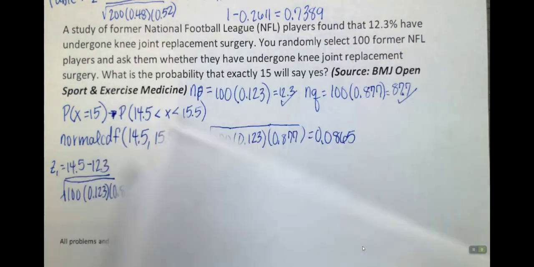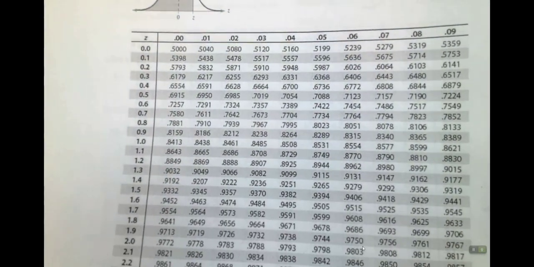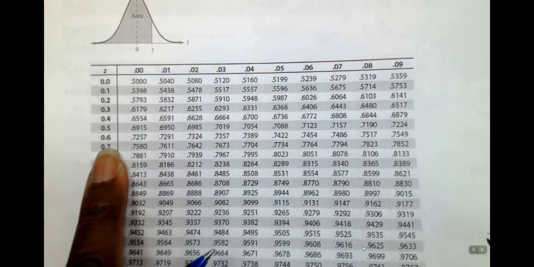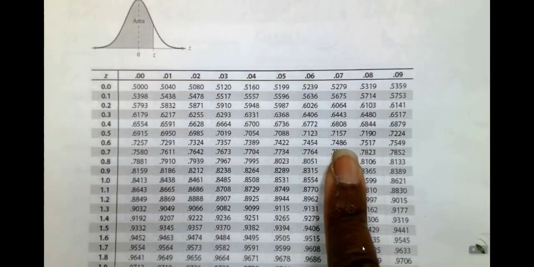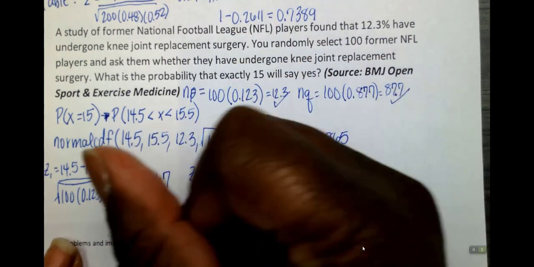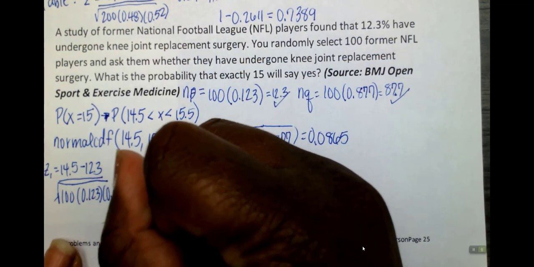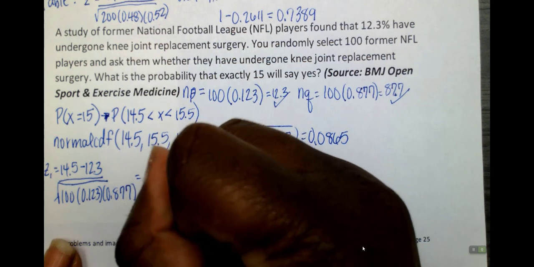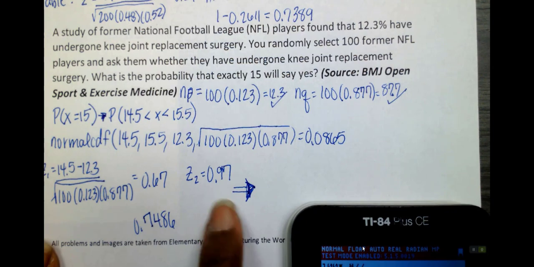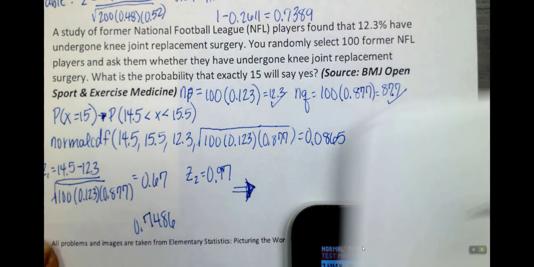so both of these happen to be positive. Let me go on my positive side. (0.67) is 0.7486. This one should be bigger, I think. That's why I'm just putting it down here.